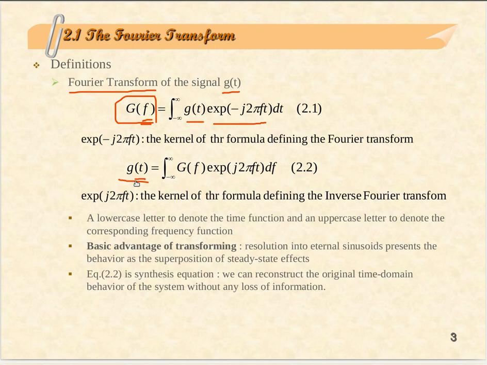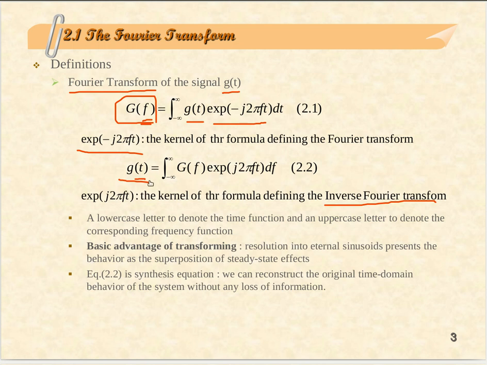It's vice versa. So the kernel of the Fourier transform is the exponential to the power minus j 2 pi f t. Okay, and this is the inverse. We call it the inverse Fourier transform. Here, as you see, I use a different notation.